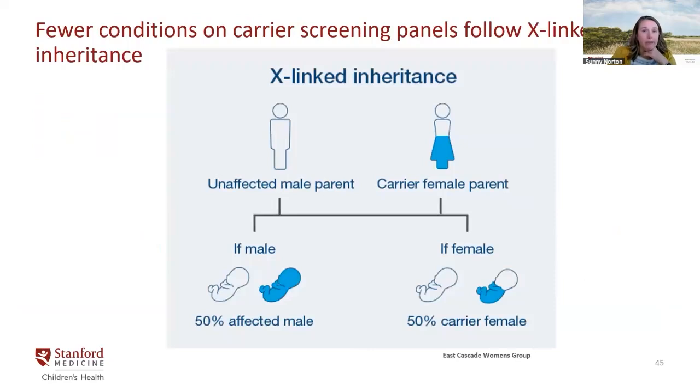Our carrier screening panels also include some X-linked conditions where we screen to see if the pregnant patient or female is a carrier, and if so, 50% chance to pass that down, and males are usually more severely affected than females. Females might be asymptomatic carriers.